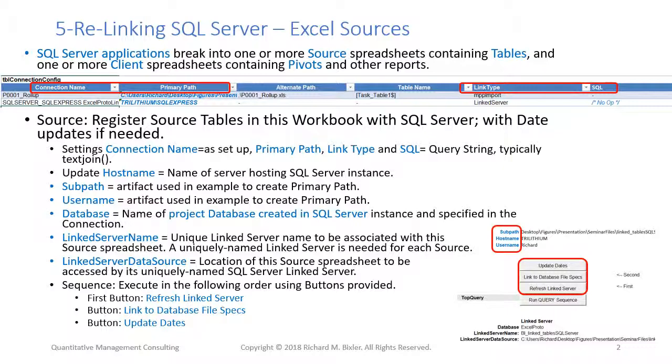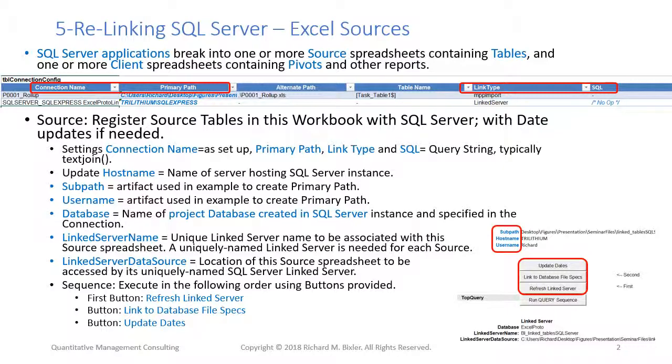Sheet values in source table workbooks and client workbooks. Values shown on this tab, named subpath, hostname, and username, are helper values used to create entries in table connection config fields. Excel helper values database, link server name.